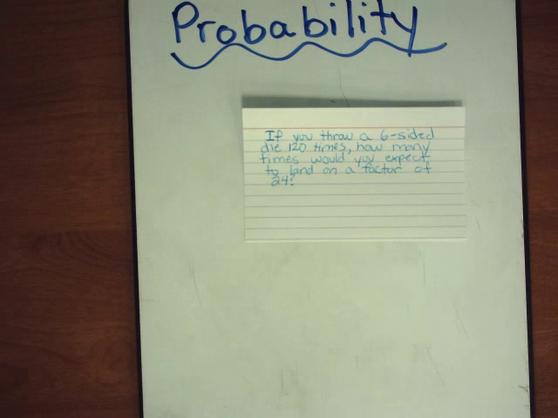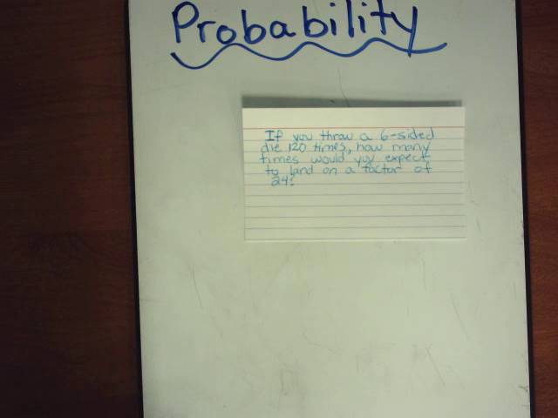It says, if you throw a six-sided die 120 times, how many times would you expect it to land on a factor of 24? What do we need to know in order to understand this problem? Good. How many factors are there?